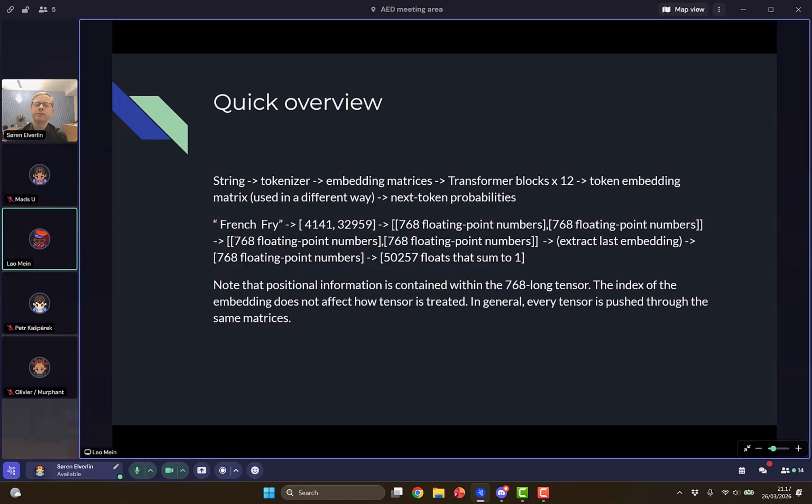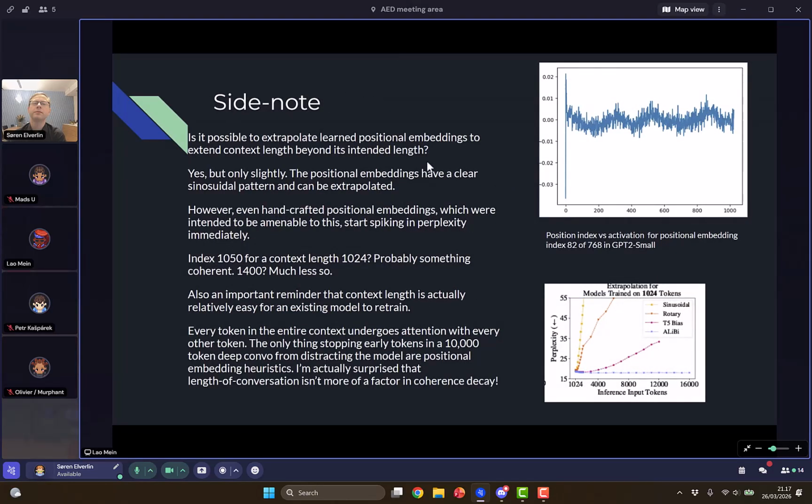Anyways, side note, I previously made a claim a couple months ago that the context length of a transformer is set in stone, right? I made that explicit claim. Turns out that's not really true, because first of all, the positional embeddings are added to the token embeddings.